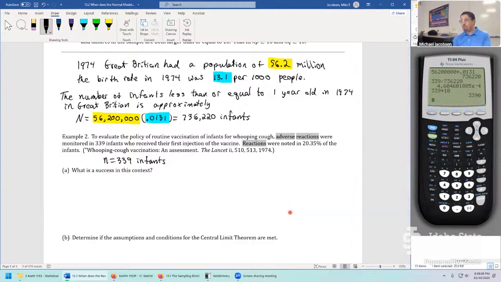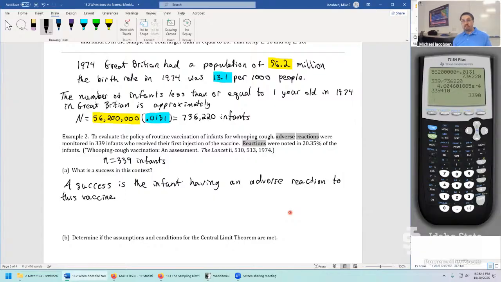And sometimes this sounds pretty morbid, and the last problem's success was a good thing, survival time. And this one will say, even though it sounds like we're being a monster, a success is the infant having an adverse reaction to this vaccine.